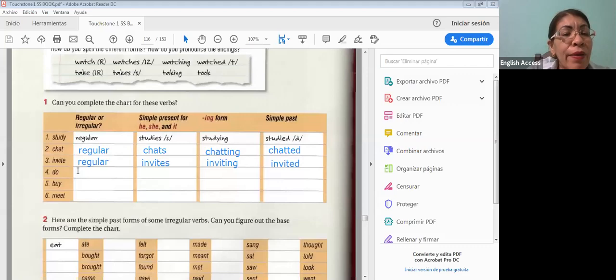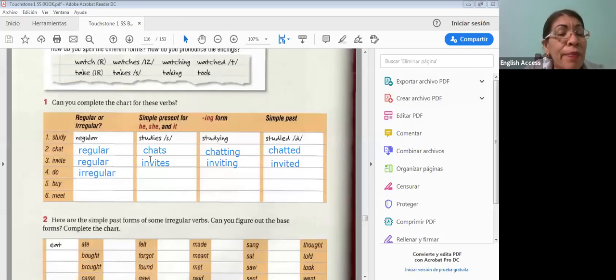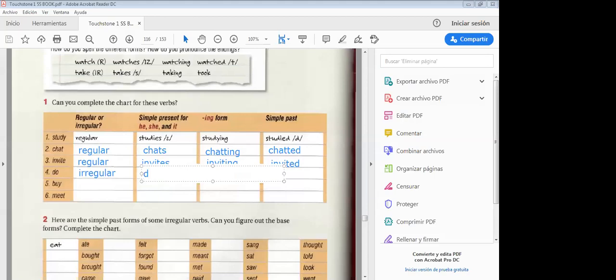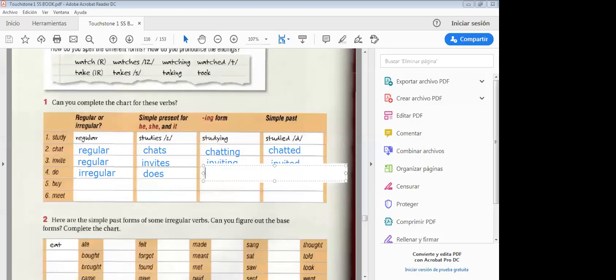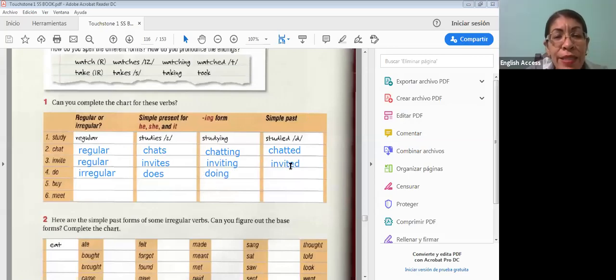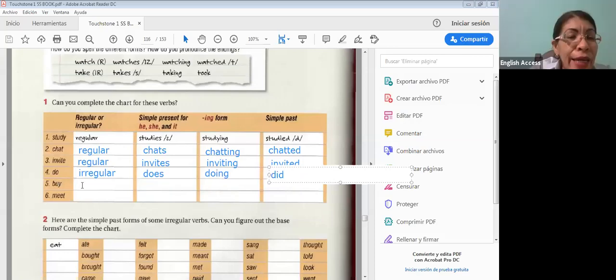Do, regular or irregular? Irregular. Simple present, he, she, it. Does. Excellent. Ing. Doing. Correct. Simple past. Did. Perfect. Buy, regular or irregular?